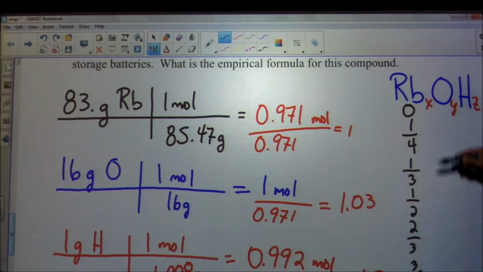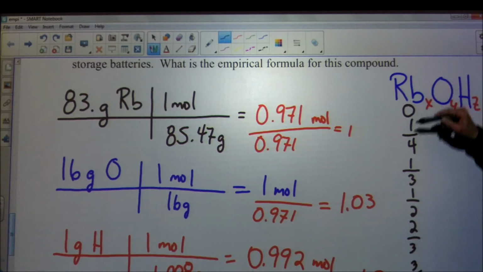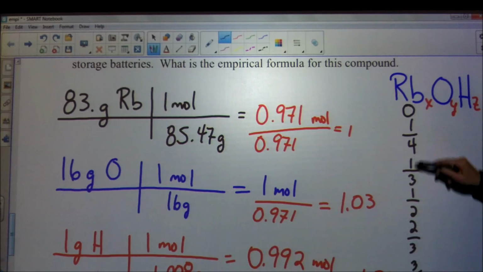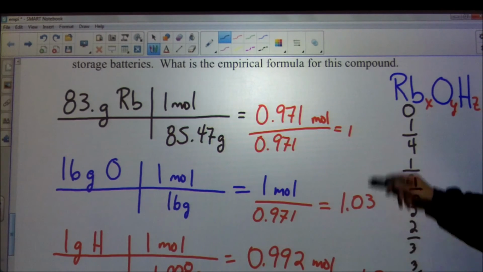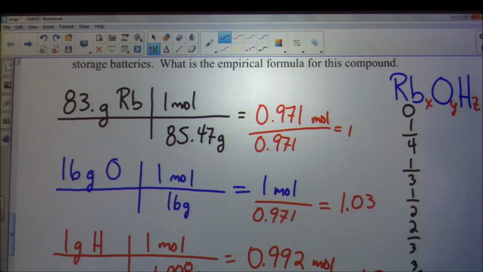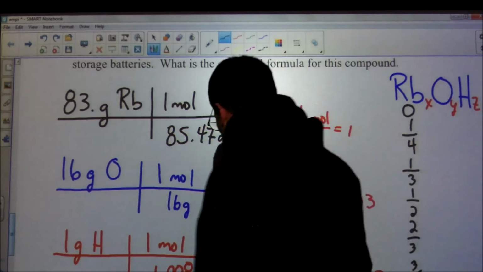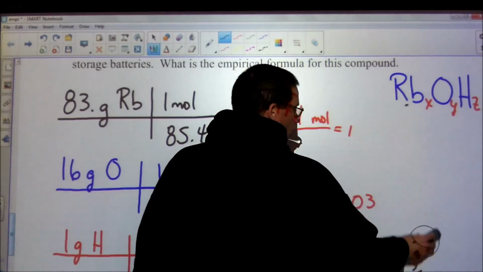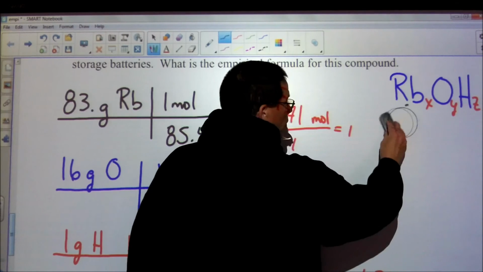Okay, so when looking at this, these values are nowhere near 0.25. They're closest to 0. And when we look at these fractions, they're nowhere near that. So we're just going to say that these are all values of 1, which some people get upset by, but unfortunately that's what the answer actually is.